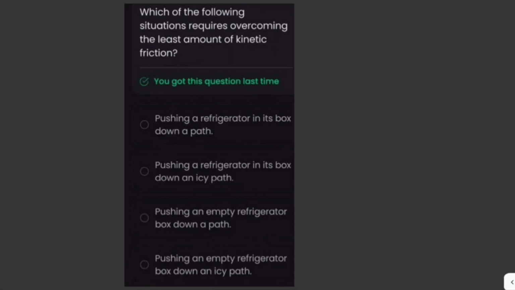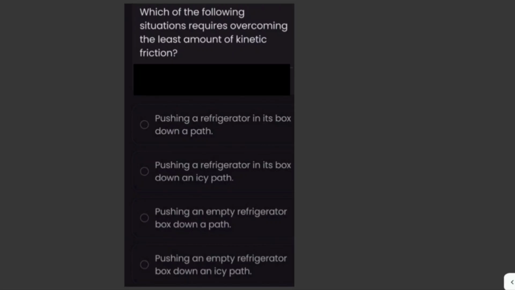Which of the following situations requires overcoming the least amount of kinetic friction? So we've got choices here: pushing a refrigerator in its box down a path, pushing a refrigerator in its box down an icy path, pushing an empty refrigerator box down a path, pushing an empty refrigerator box down an icy path.